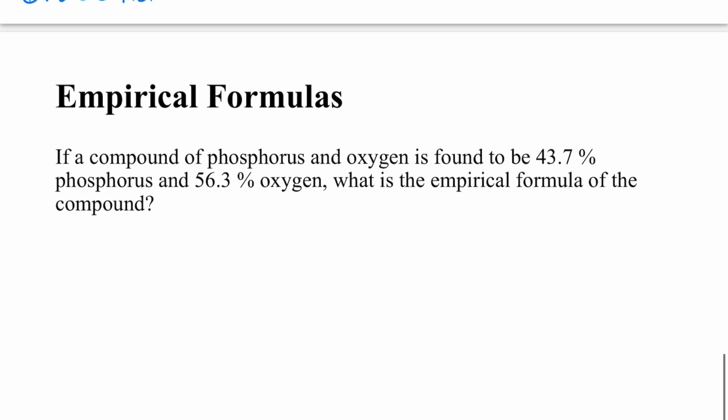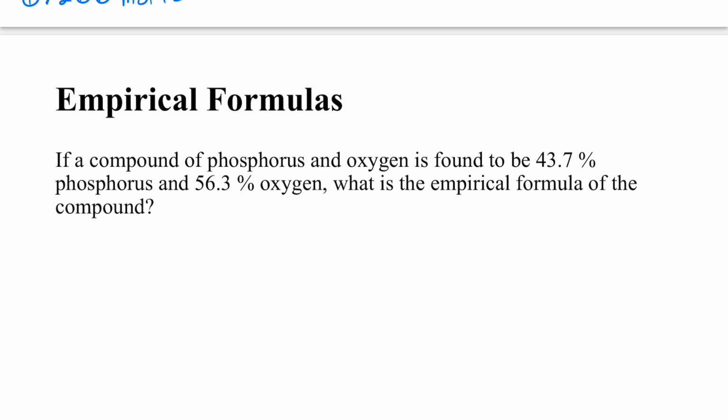So sometimes they give us our empirical formulas in terms of percentages, like this example, that says if a compound of phosphorus and oxygen is found to be 43.7% phosphorus and 56.3% oxygen, what's the empirical formula? Well, here's what you do with the percentages. All percentages add up to 100%.